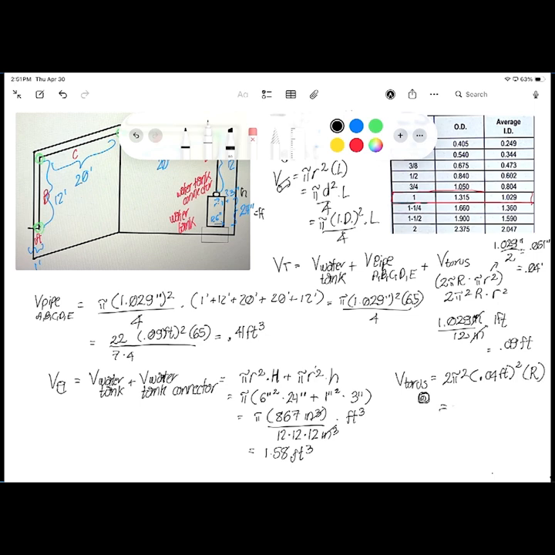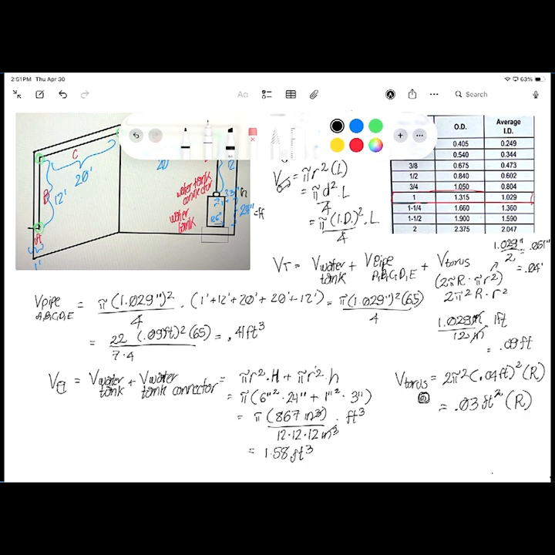So that would be roughly 0.03 feet squared times r.